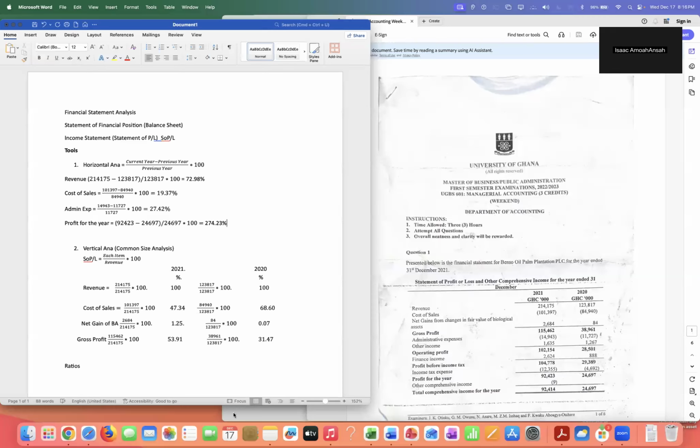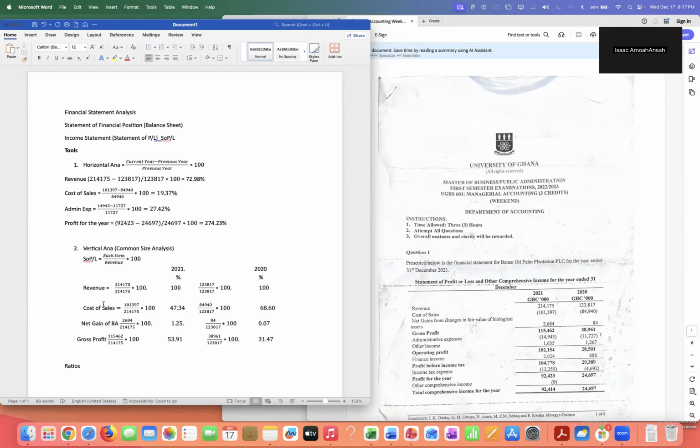In 2021, the firm had a revenue of 100%, right? Out of the 100% revenue, they spent 47.34% on cost of sales and retained a gross profit of 53.91% in 2021.